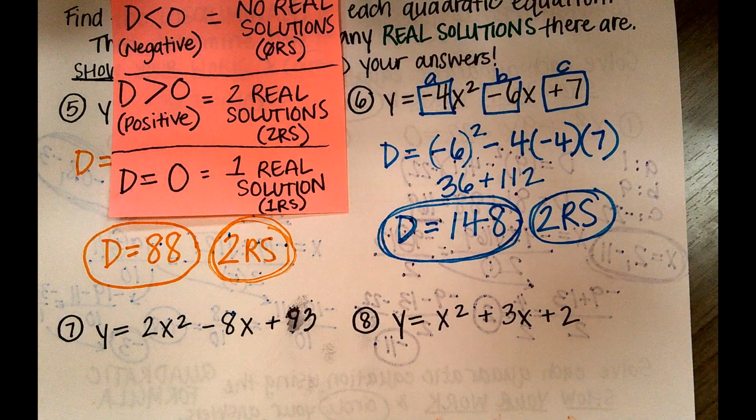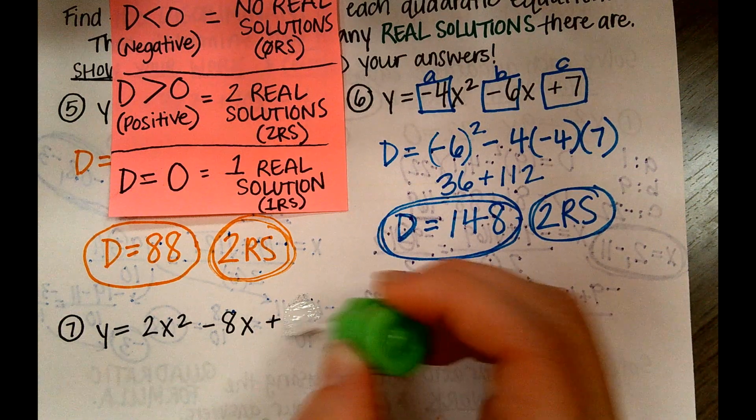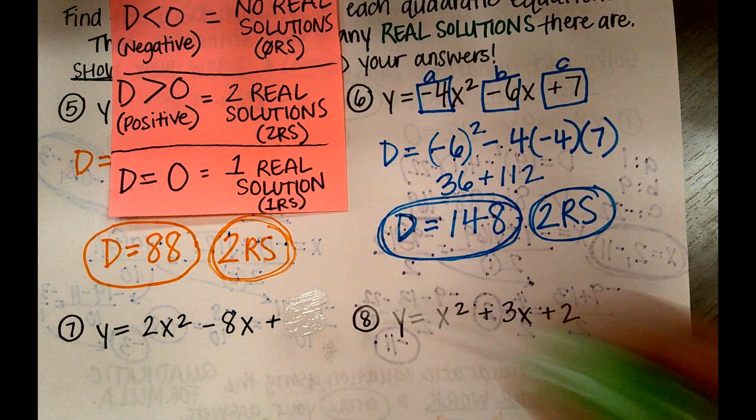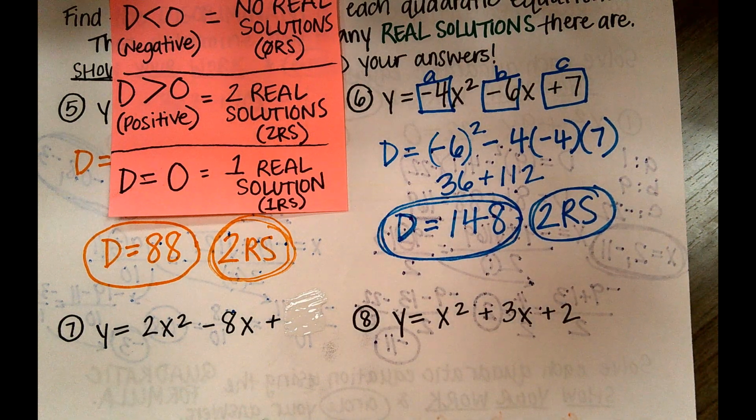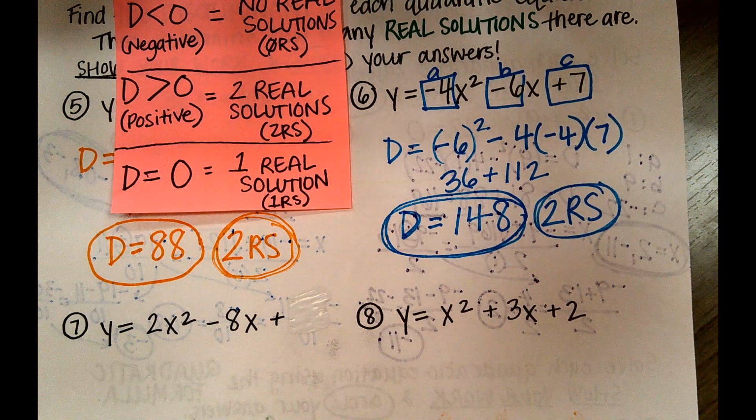I think I need to use whiteout because now it looks like 93. Hang on. I don't know why I have that as 9. That's infinity. I'm very confused. That's what she's gonna teach us. Yeah, we're gonna learn about infinity today. Alright, I'm gonna give that a minute to dry, and when it's dry, I'll write 3 with a Sharpie so it doesn't smear this time.